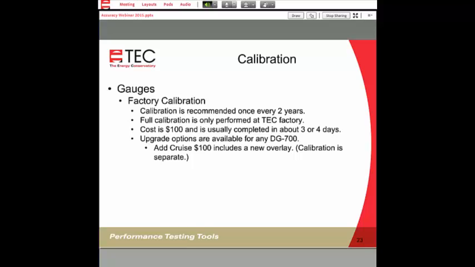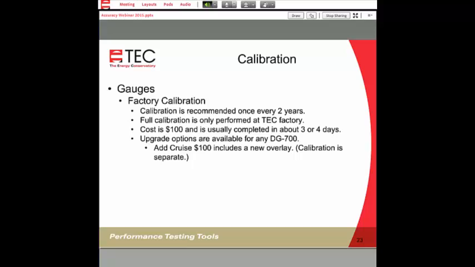Now, when you send your gauge to us, we do a full calibration. We do a check before and after, so an as found and an as left. What was the condition of the gauge when it came to us, and then we perform the calibration, and what's it afterwards.